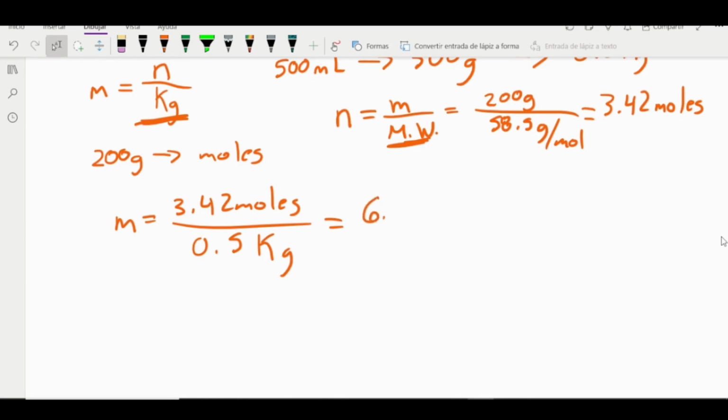We're going to have 6.84 moles. Molality, or molal. We can omit this, or we can say 6.84 moles divided by kilograms.